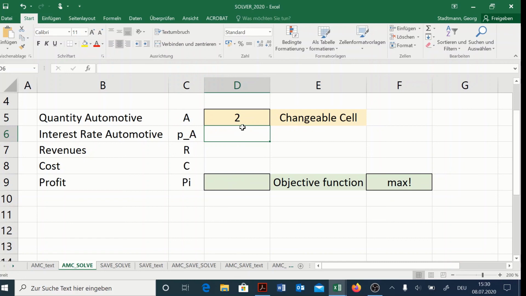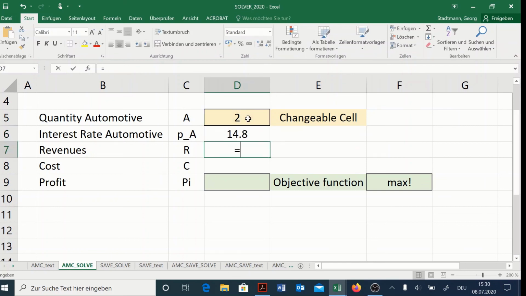For the interest rate in the automotive credit market, we can use our magic formula, 15 minus 0.1 times the quantity. So now the interest rate should be equal to 14.8.